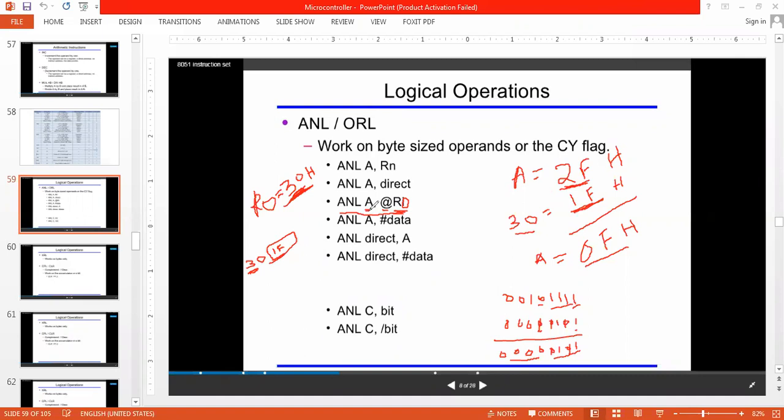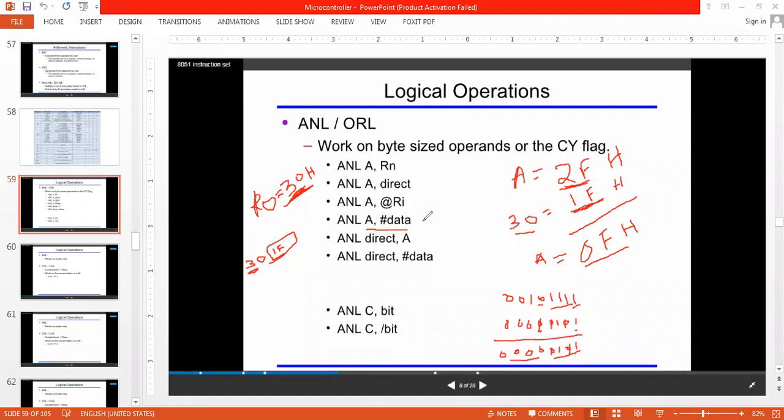Okay. So don't forget these addressing modes. There are only 5 addressing modes. Tell me what is the addressing mode of this fourth instruction? Immediate addressing mode, right? So what is the example for this immediate addressing mode?